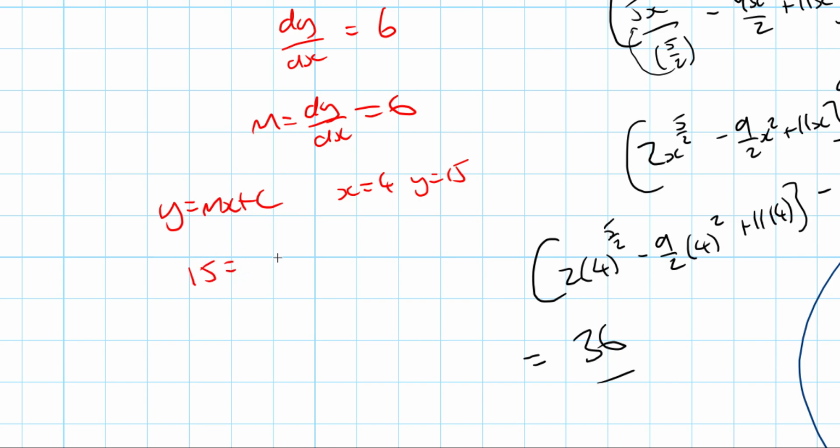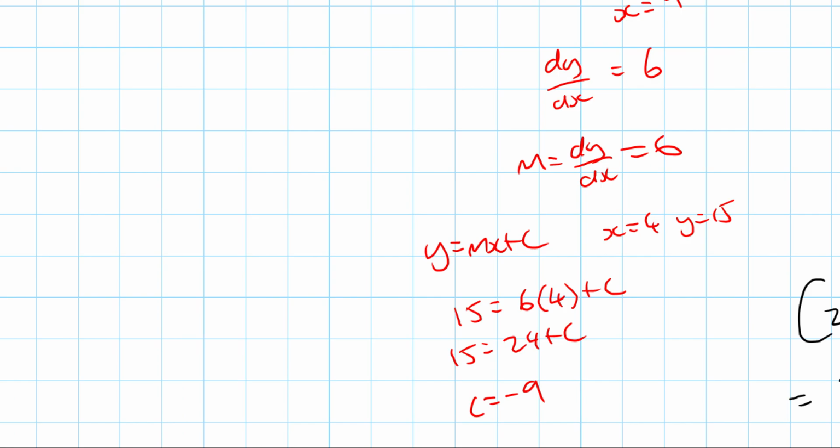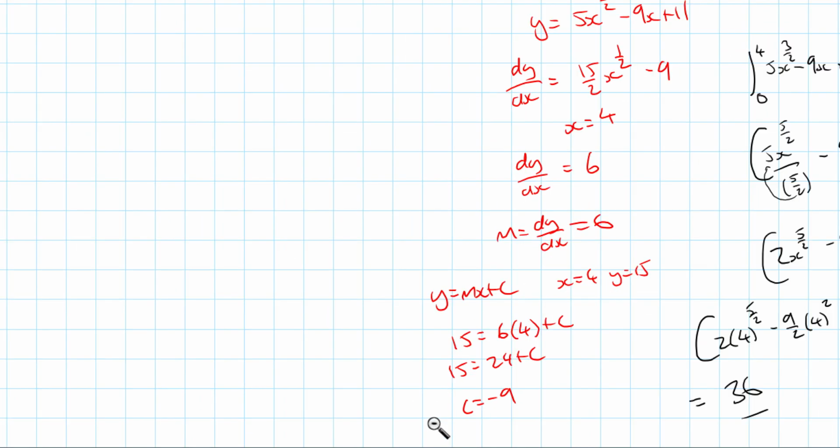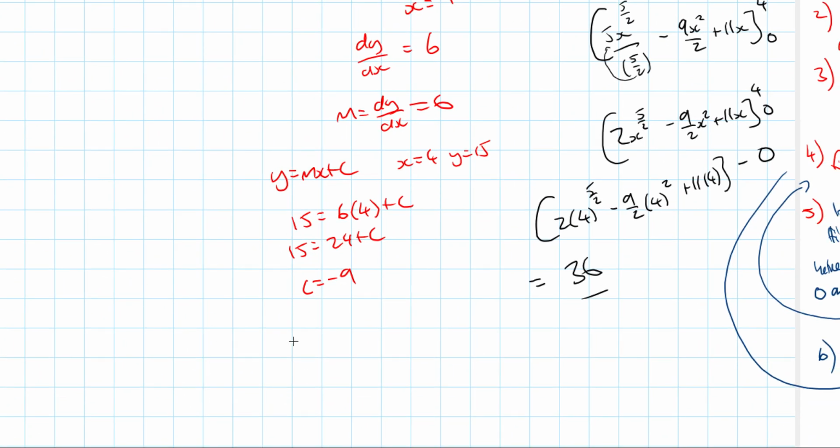Substituting that in, you get 15 is equal to 6 times 4 plus c. So that's going to be 15 is equal to 24 plus c. So then 15 minus 24 is equal to minus 9. So c equals minus 9. So from here we've got our line is going to be y is equal to 6x minus 9.